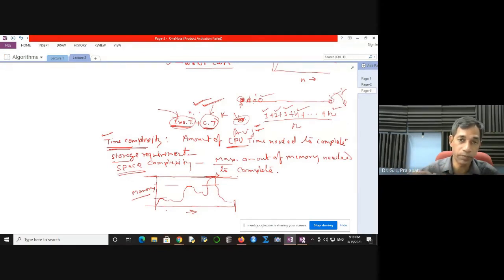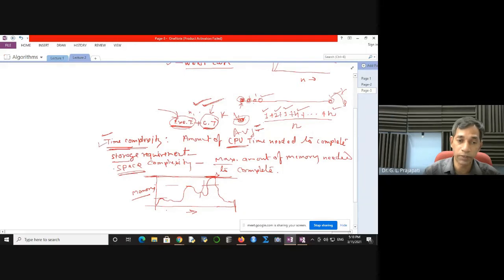The completion is important, because you can execute up to some part, but if you don't have enough memory and your system requires this much memory, then you can't complete. So once your algorithm completes, the maximum amount of memory you needed is this. So this is the space complexity of your algorithm.